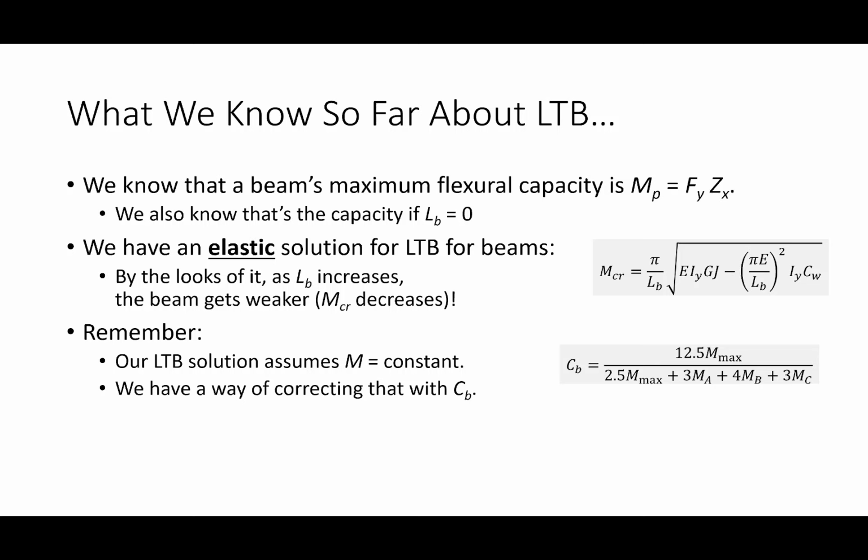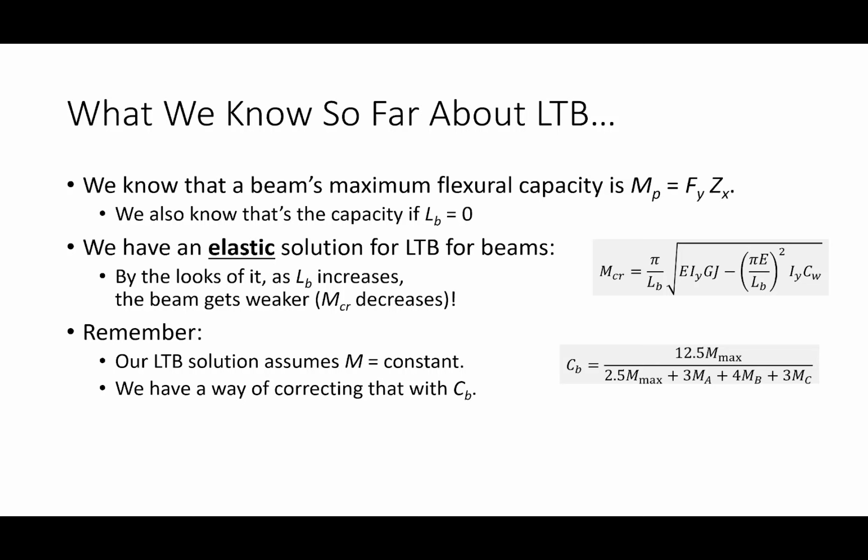We also know, so this first bullet where I'm saying that a beam's maximum flexural capacity is MP, that means that whatever this picture looks like, that's sort of our ceiling. We can't get higher than MP. Does that make sense? Okay, so that's the first point that we know.